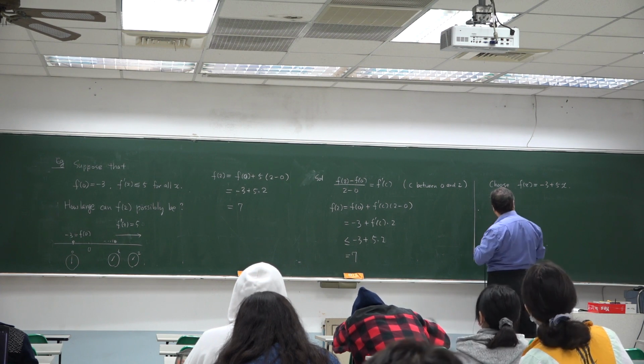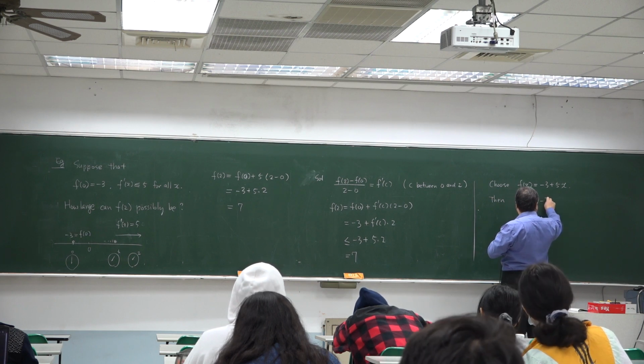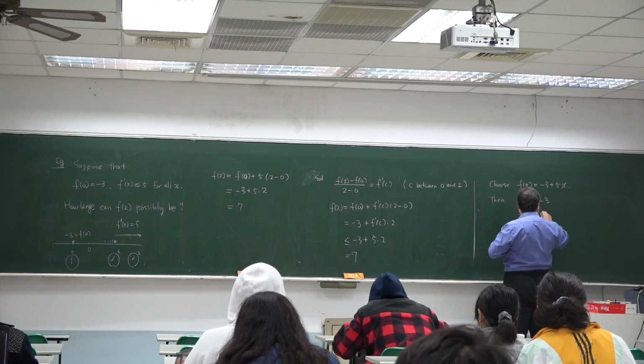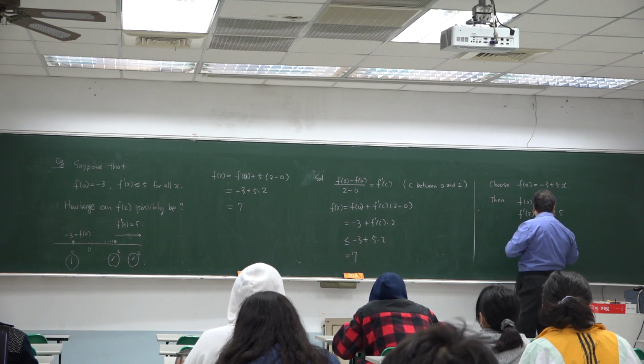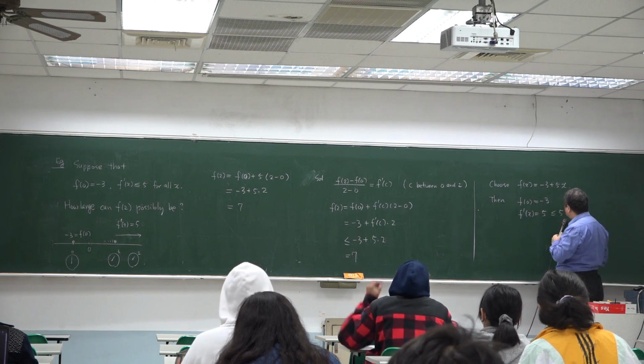Then obviously f(0) equals -3, and f prime of x is the coefficient 5, which equals 5, therefore less than or equal to 5.